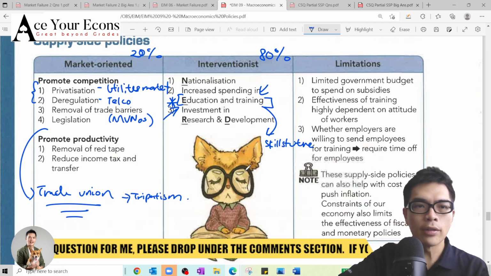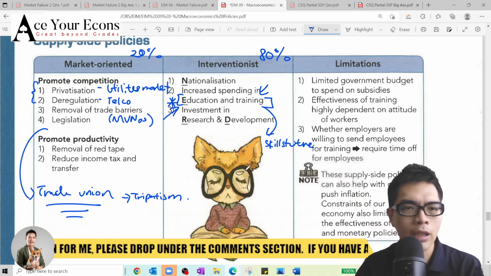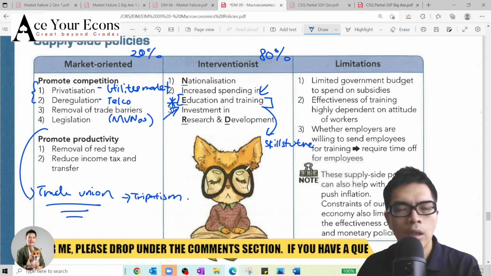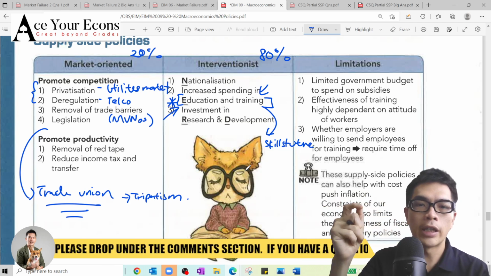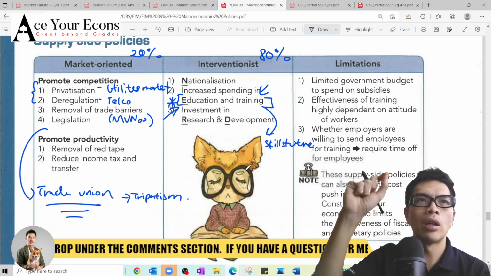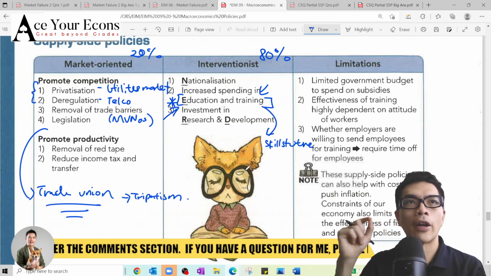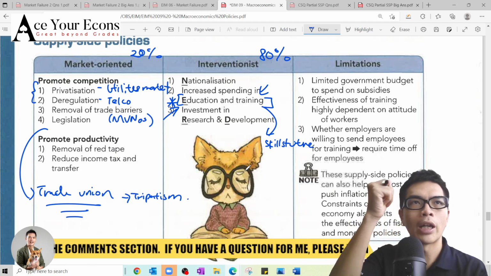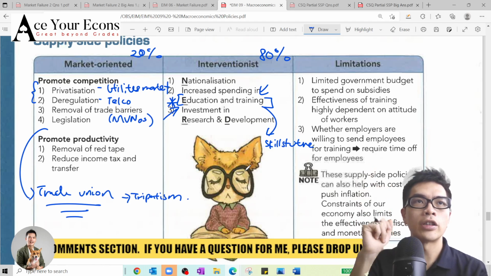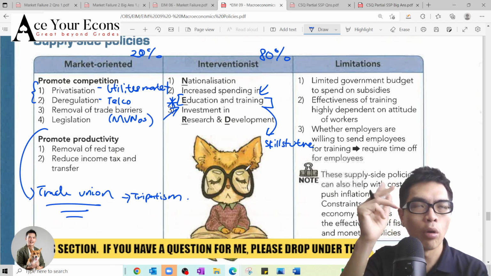So I just like to sum up: no matter whether it is market-oriented or interventionist, short run or long run, my personal favorite is education. And if your school uses short run and long run, then you have to look out for all these. You have to decide whether it affects your production cost, your production capacity, or both.